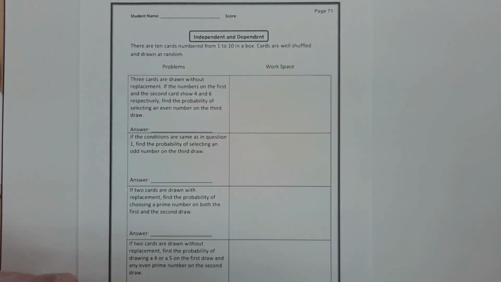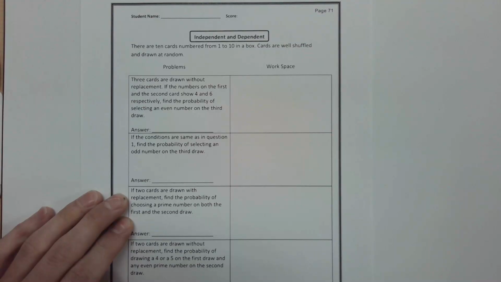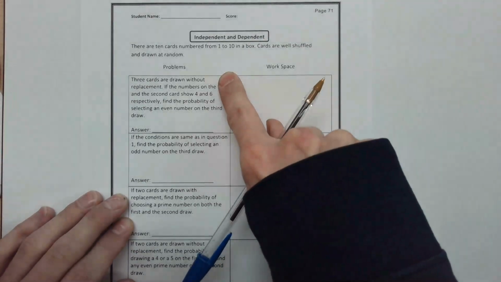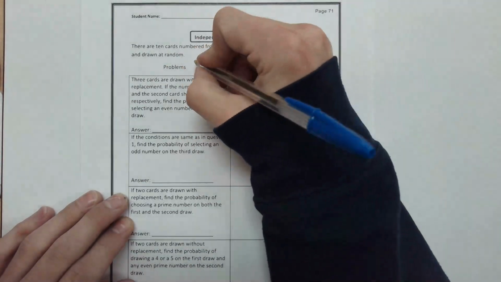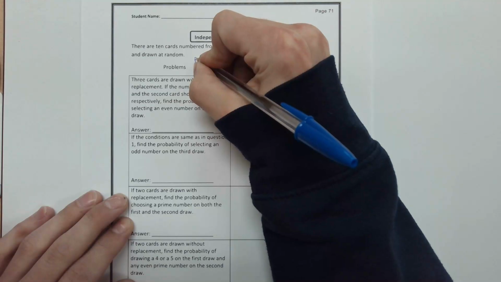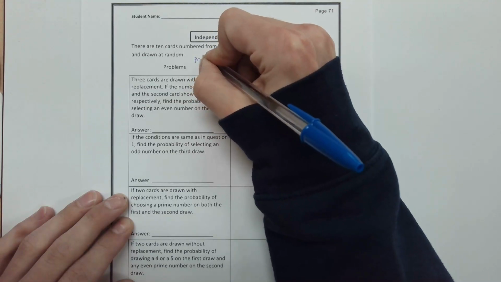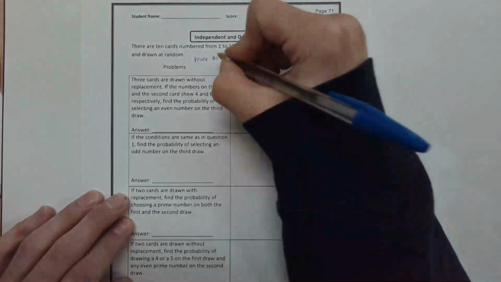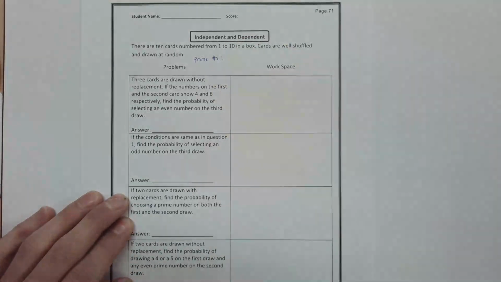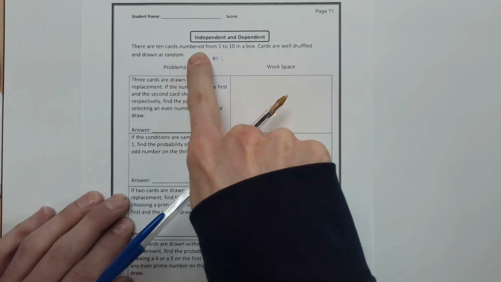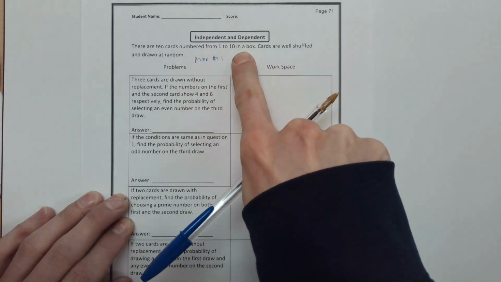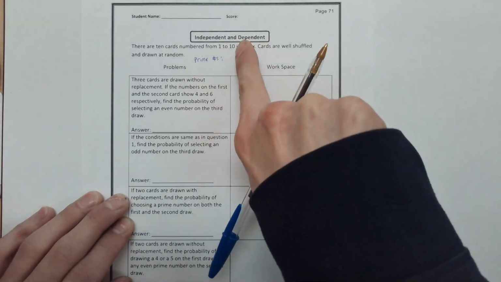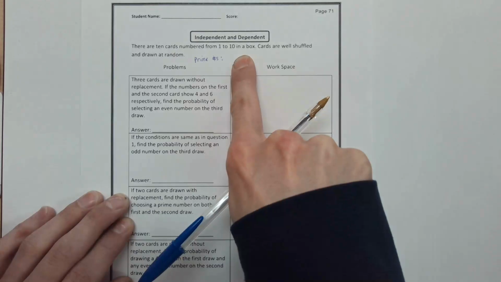For this worksheet, we're going to add two pieces of information to the top here. The first thing I would like us to add is prime numbers. First, there are 10 cards numbered from 1 to 10, so we're only going up to 10 for our set.